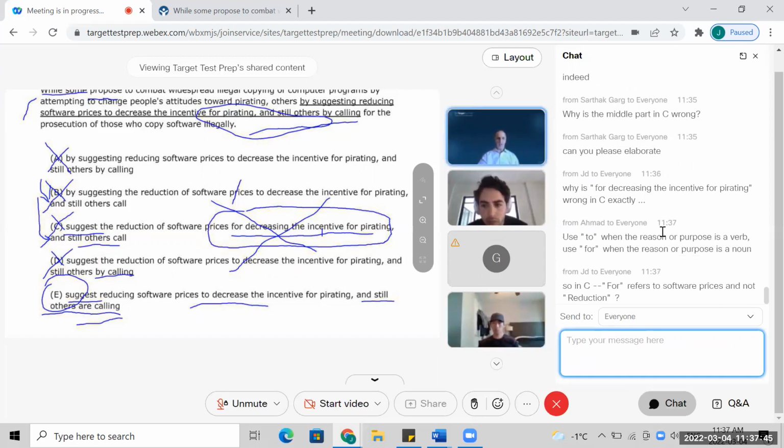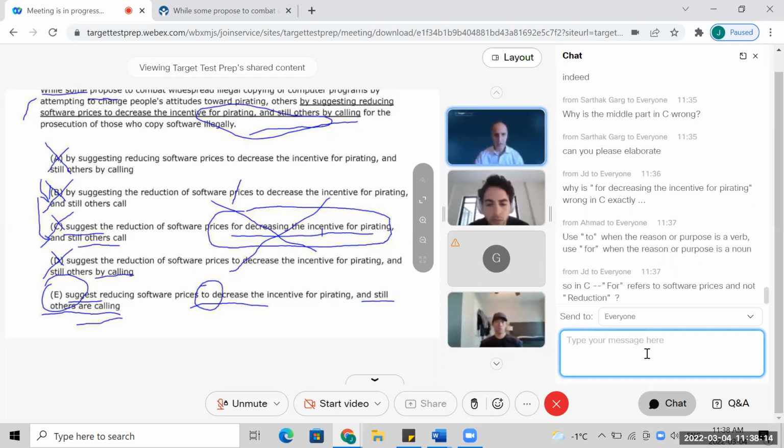True, if it said suggest the reduction of software prices in order to decrease the incentive, right? That's what we need to see. So software prices for decreasing, exactly. It becomes software prices for decreasing. Okay, next.